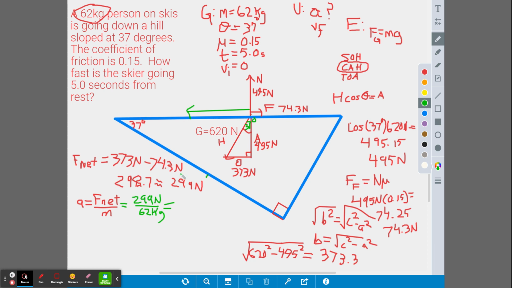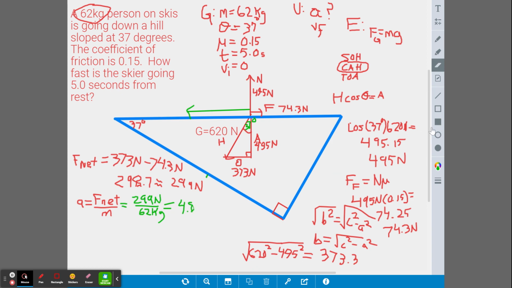And I'm going to get 4.82. I'll round that to 4.8 meters per second squared. That's our acceleration. We've solved one of our unknowns.